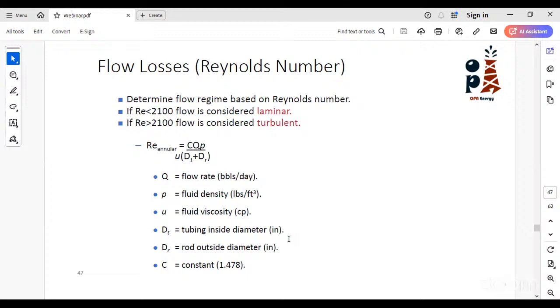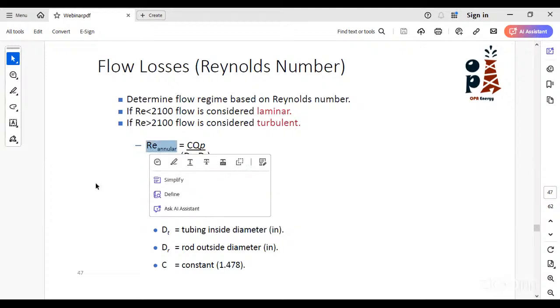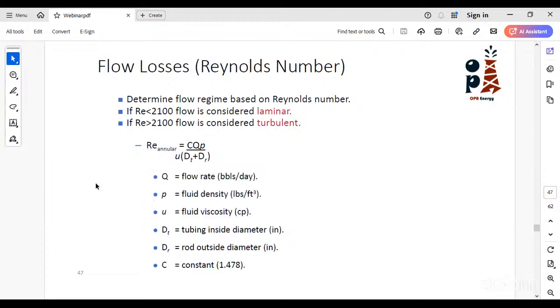So the Reynolds number, we use it to determine the friction factor. From this equation we can calculate the Reynolds number, and then going to the Moody chart, we calculate the friction factor, and then apply the equation to calculate the pressure losses inside the tubing, depending on the kind of flow, either laminar flow, turbulent flow or transient flow.